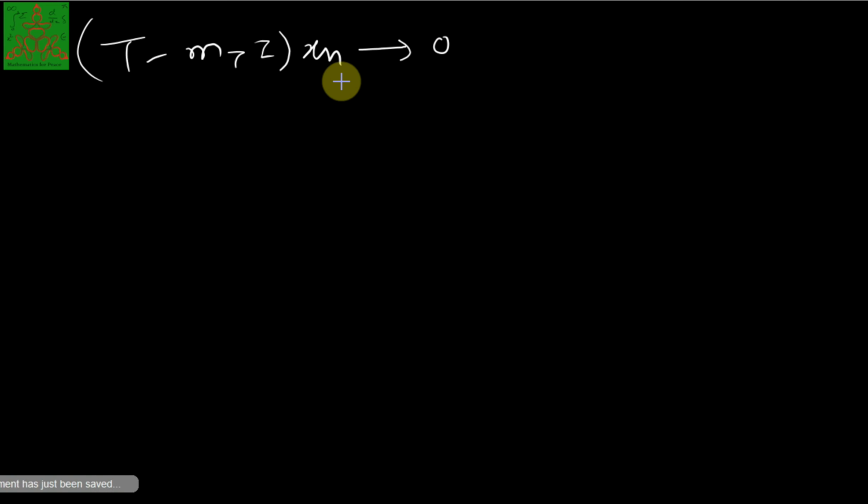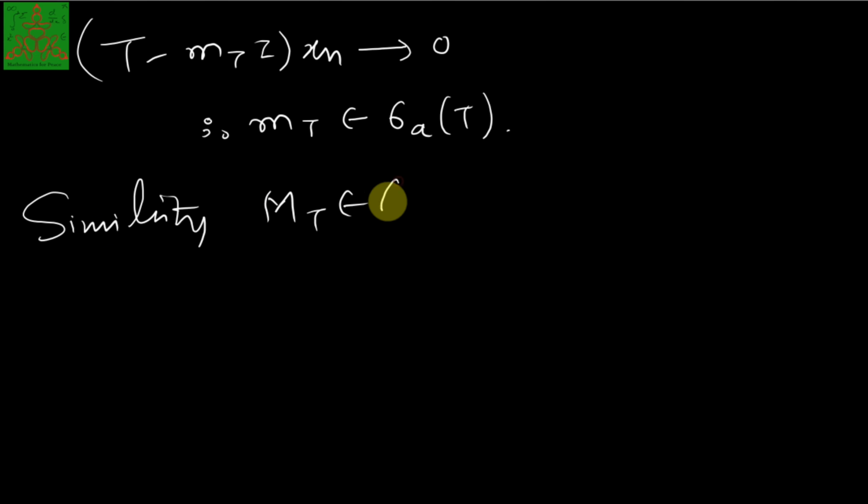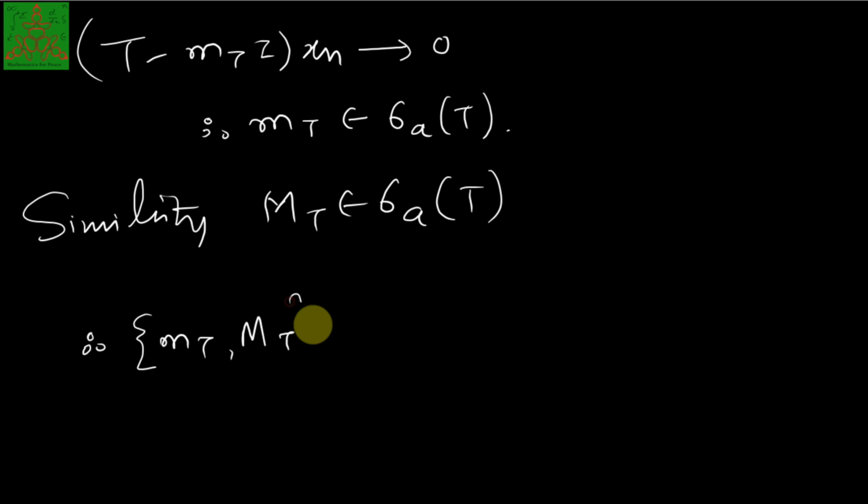But this suggests that m belongs to the approximate eigen spectrum of T. In a similar manner, we can prove that capital M is also in the approximate eigen spectrum of T. So thus small m and capital M both belong to the approximate eigen spectrum of T.